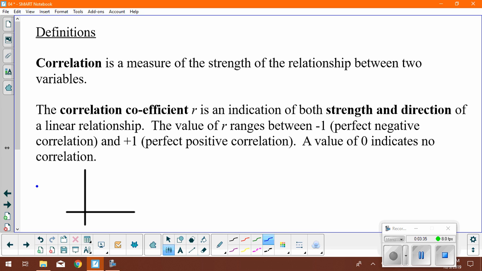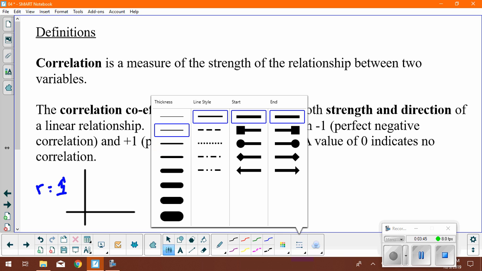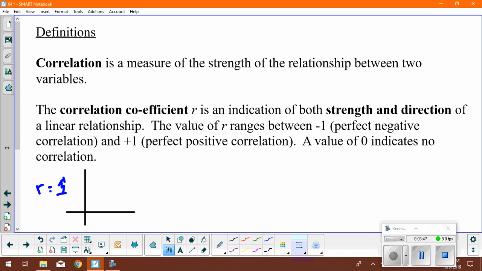I'm going to start with R equals 1. Perfect positive correlation. Perfect positive means, because it's 1, that every single point is on the line of best fit.